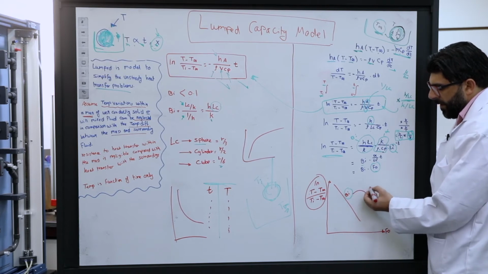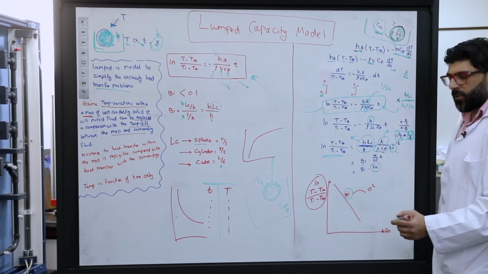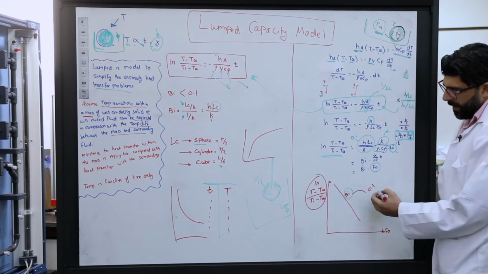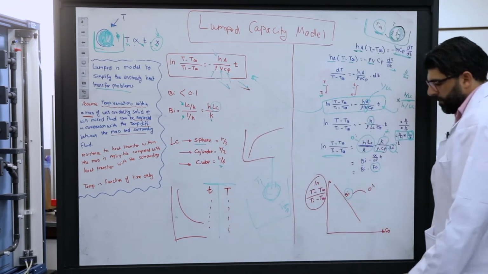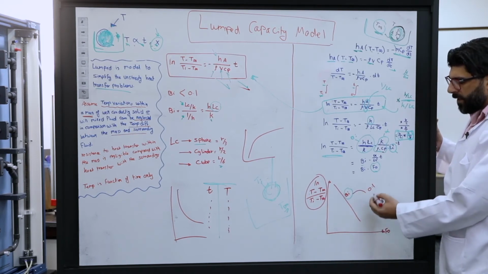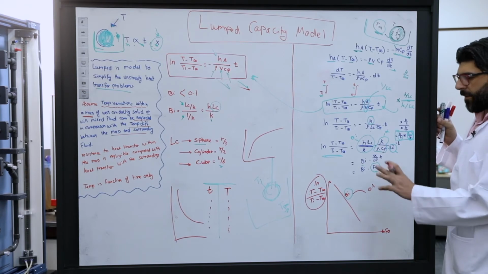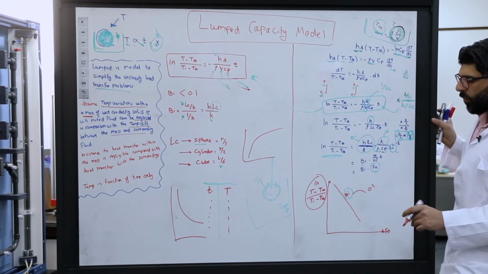If the Biot number is 0.1 or less, then we can apply the lumped capacity model to this shape, and then we can use this equation. Suppose that I found the Biot number is 0.1. Then my shape is a lumped model, so it's applicable to the lumped model.